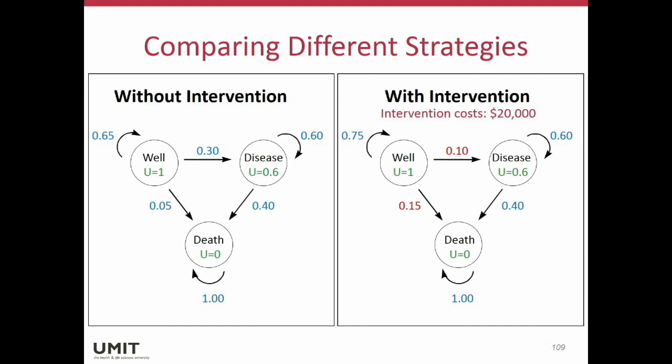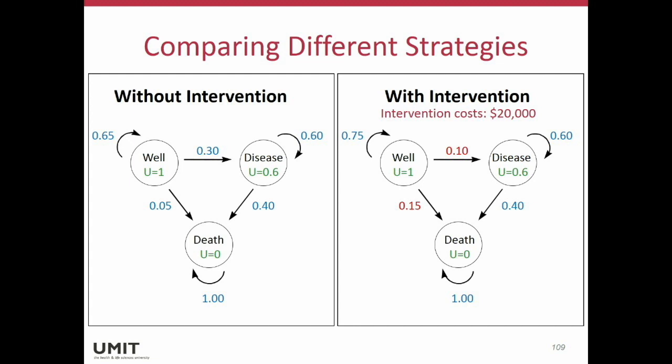However, as I said, the treatment comes with a risk, because now we see that the probability from going from well to death is 15%. So here we have an increase. In addition, this treatment comes with a one-time cost of $20,000.